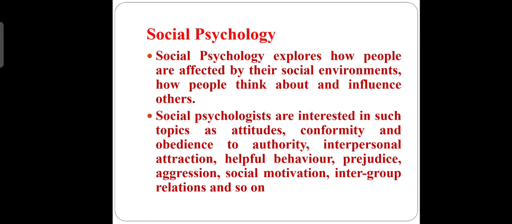Social psychology explores how people are affected by their social environments, how people think about the influence of others. We spend much of our lives in the presence of other people, with whom we interact in a variety of ways and in different settings. The primary focus of social psychology is on understanding how individuals are affected by other people.